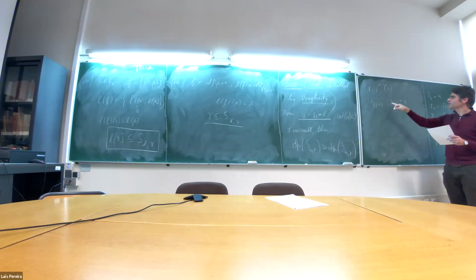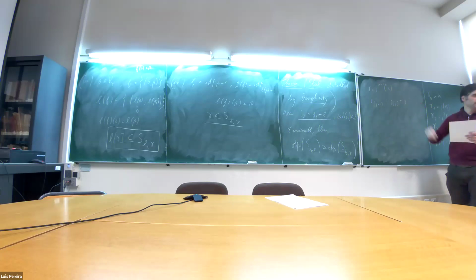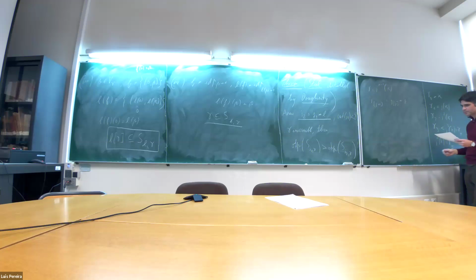If all these critical points were below this gamma, L is any non-trivial, no, it might be trivial. Yes, it might be trivial.